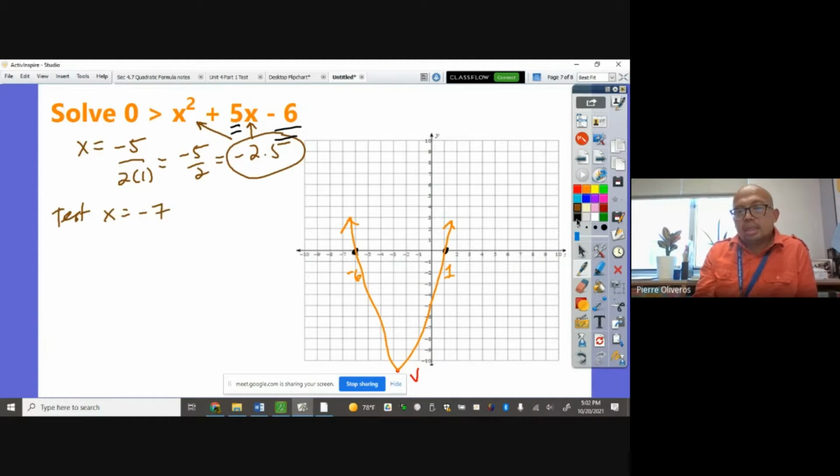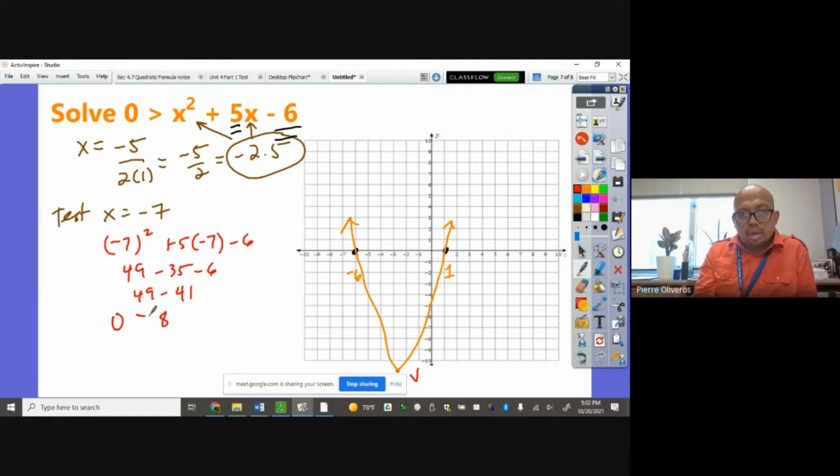It's on the left side. If we put a -7 there, it will be -7 squared plus 5 times -7 minus 6. 49 minus 35 minus 6. This will be 49 minus 41, and we know that this will give you 8.